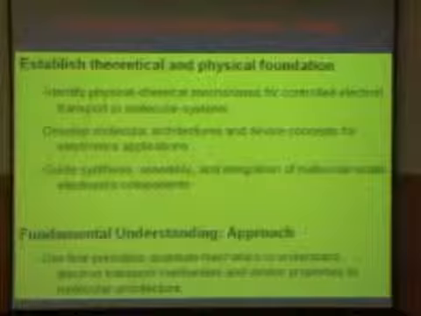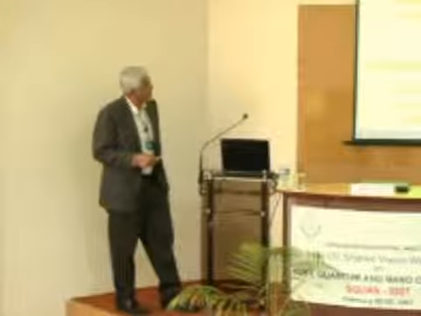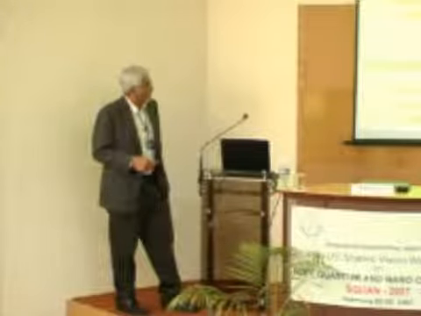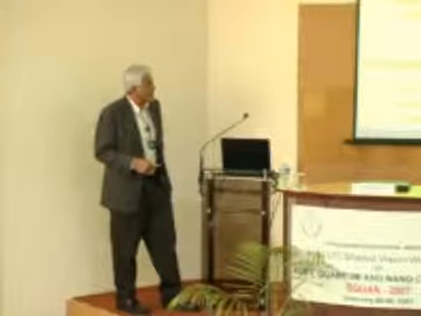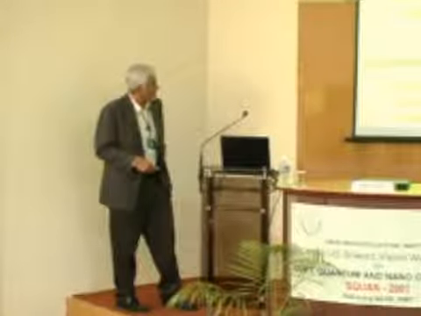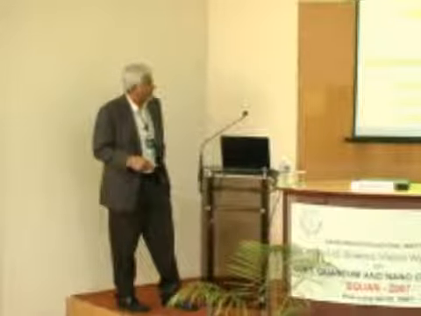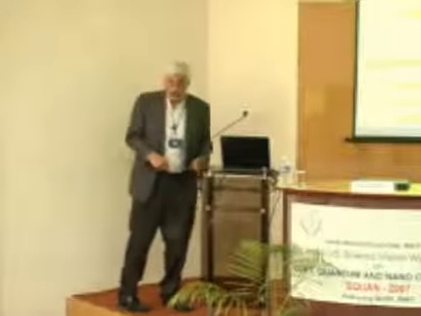You don't have to do experiments on all the molecules, but pick a few molecules which you are likely to get success with, to guide synthesis, assembly and integration of these components. And I'll be using these so-called first principle methods based on either quantum mechanics or chemistry, the way you would like to view it, to understand these mechanisms and properties in a given molecular device architecture.